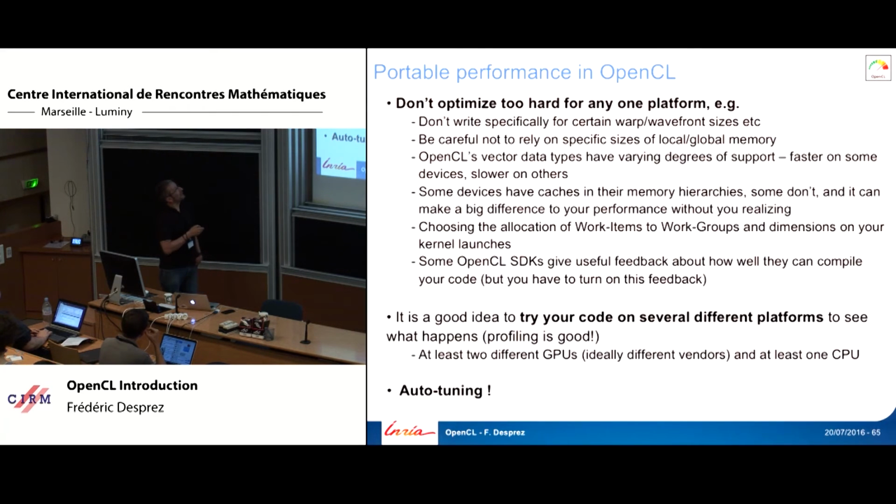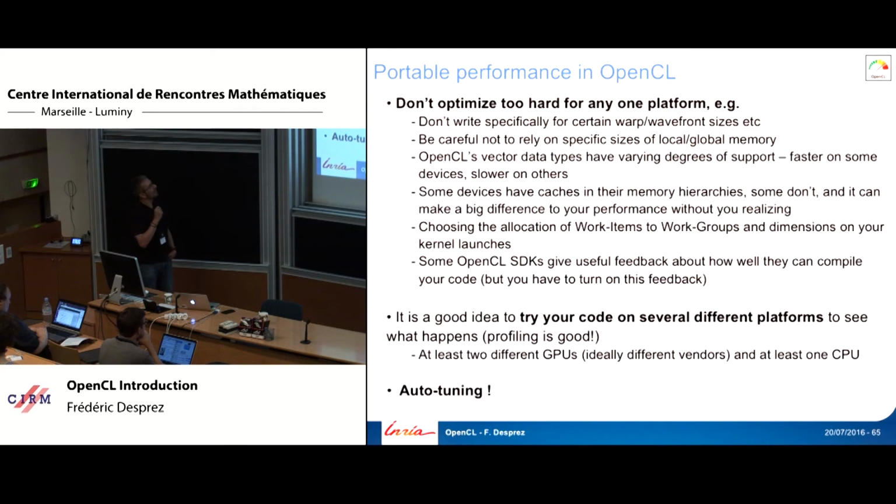So the advice is not to write specifically for some warp size for GPUs, for example, or wavefront size for different CPUs. You should not rely on some specific sizes for global and local memory.